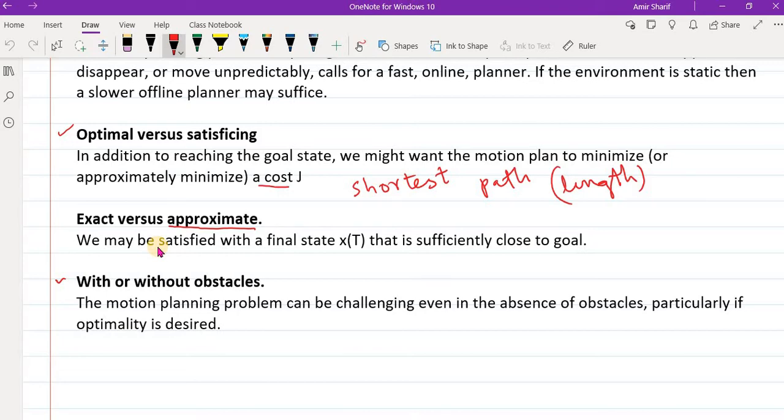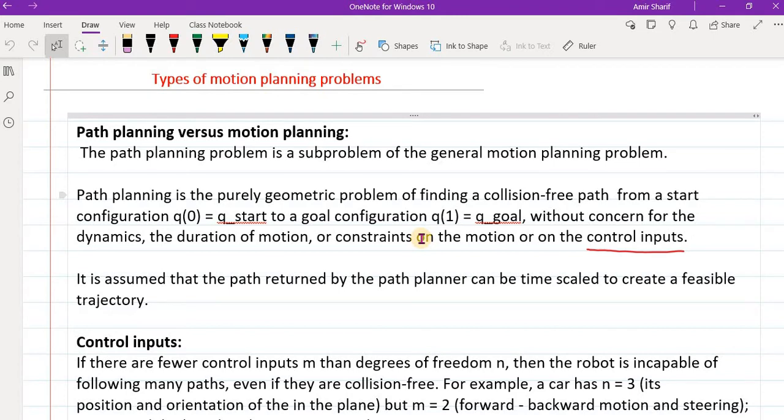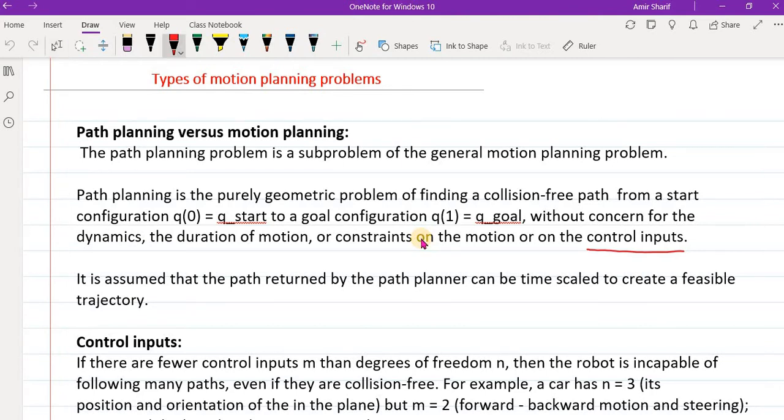So this section is completed, in which we have studied different types of motion planning problems. Most of the time, the basic thing we can start with is just path planning. This is the simplest one, in which we just have to find a collision-free path from start to target position.